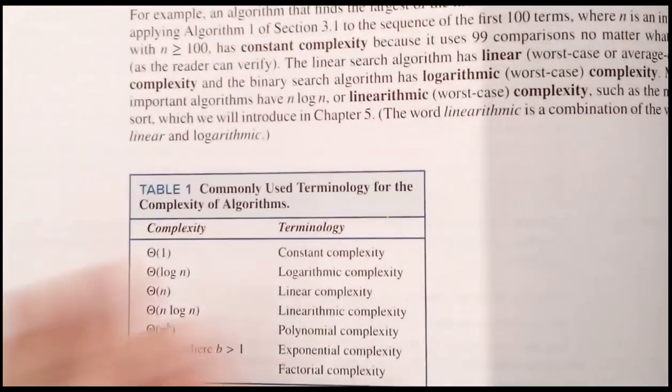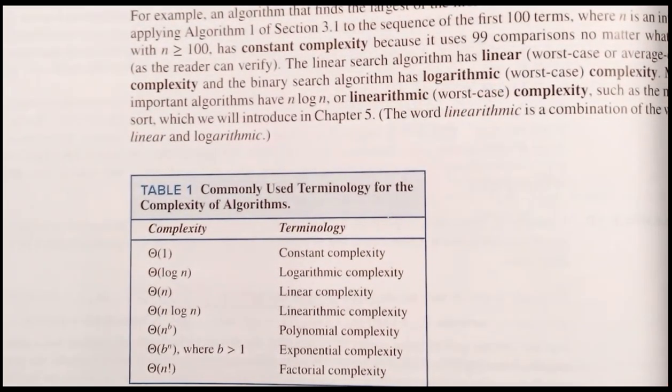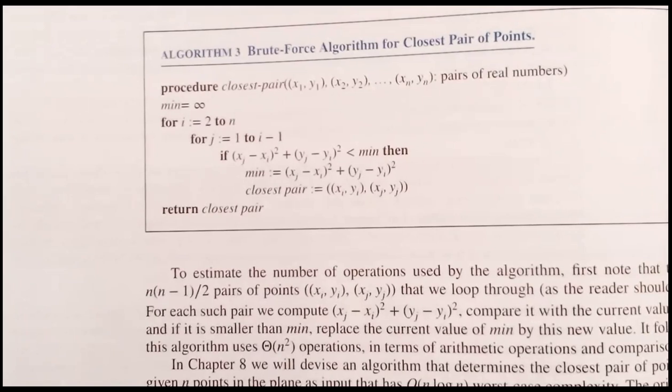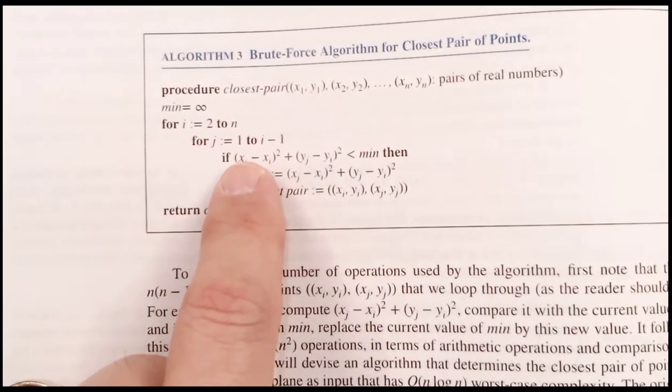Just like when I was talking about which functions were more complex than others, I can think of what's the big O, or in this case, big theta, they've used the correct notation for a change, of my problem. By the way, the closest pair of points problem, there's my algorithm. Loop 1, loop 2. That's n squared, isn't it? One loop inside another.